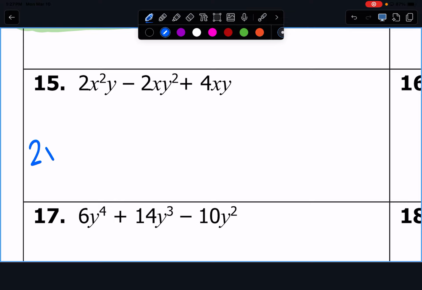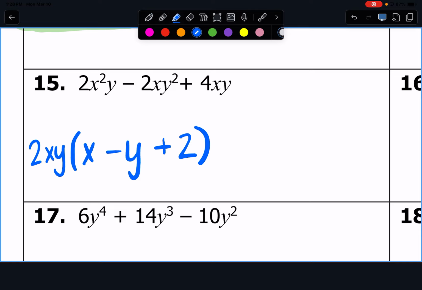So when I take out a 2xy from 2x squared y, what do I get left with? 1x. When I take it out of negative 2xy squared, negative y. And then out of 4xy, plus 2. So that's our answer.